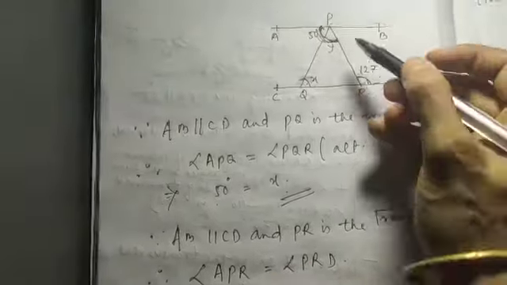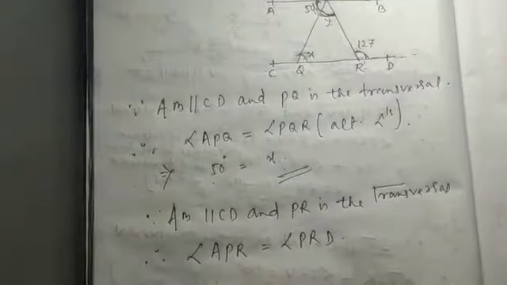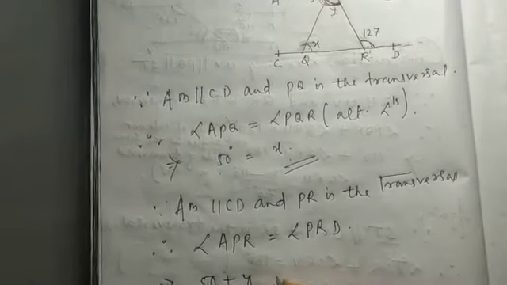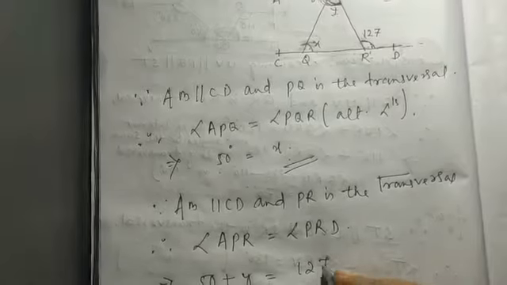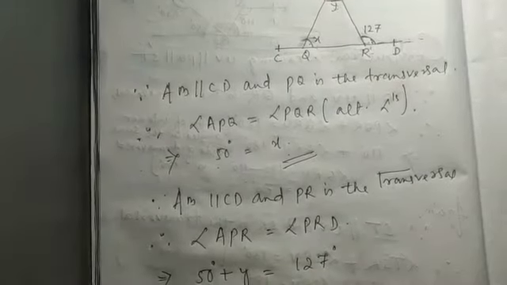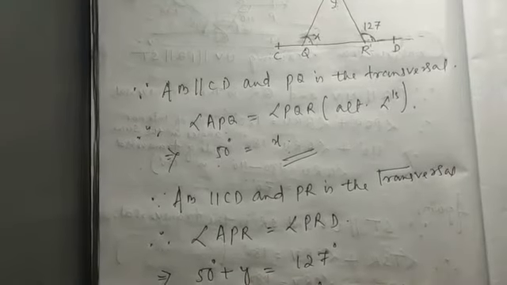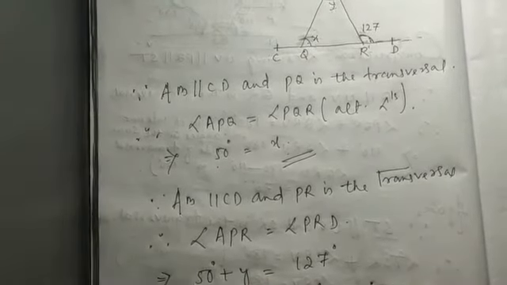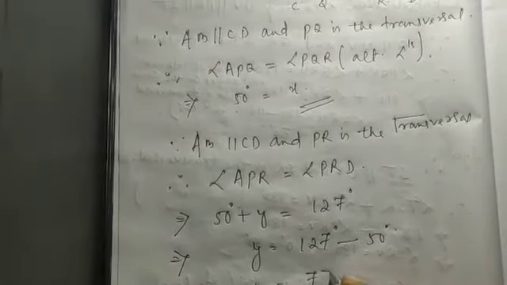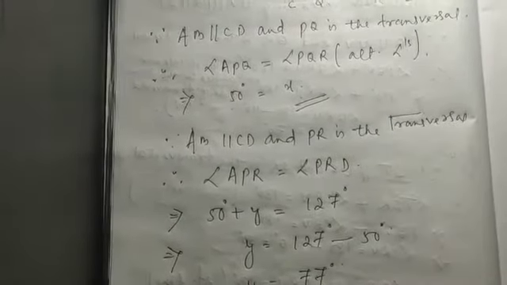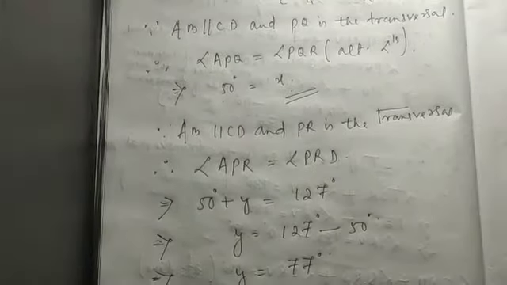You can see here APR consists of two angles, 50 and Y. So we'll write down 50 plus Y, PRD is 127, is equal to 127. So Y is equal to 127 degree minus 50. So Y is equal to how much we are getting? 77. I hope it is clear. Let's see the next sum.